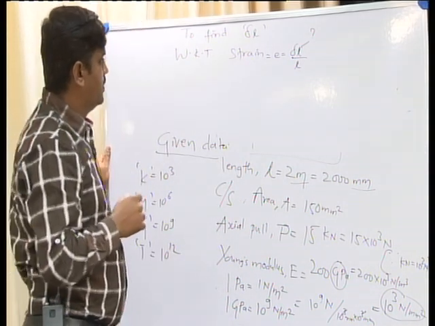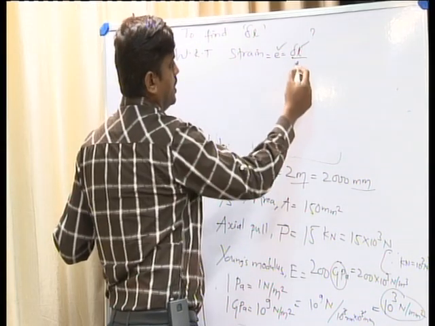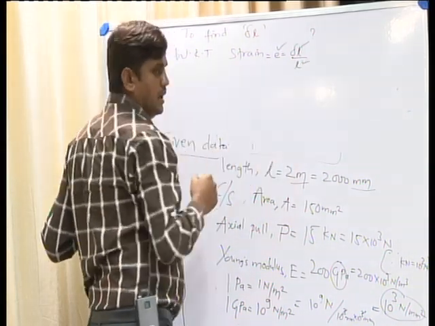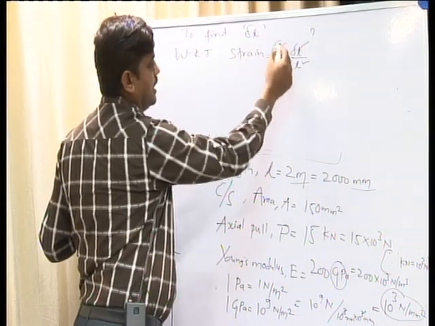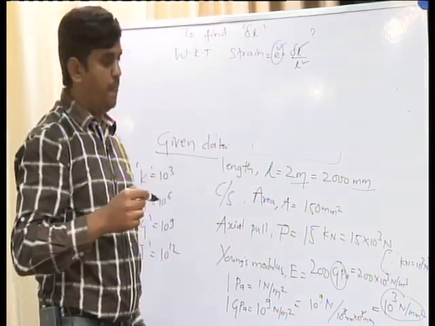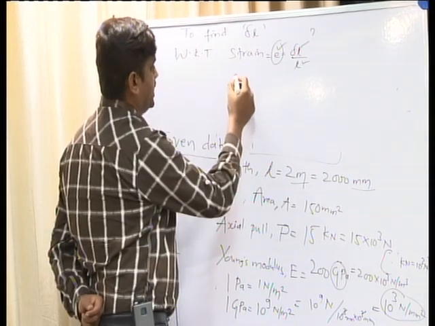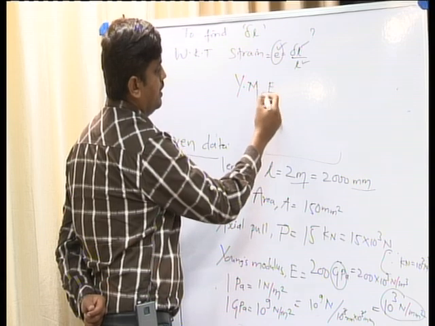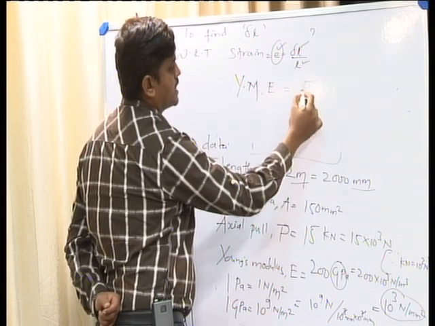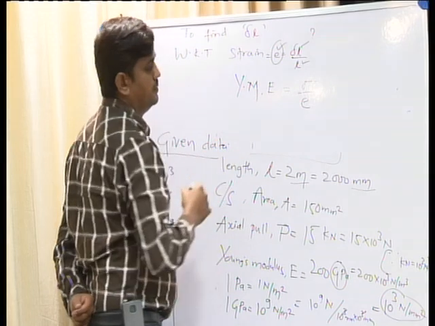To calculate delta L, we should know the strain value and we should know L. L is already given. To calculate the strain, we know the relation Young's modulus E equal to stress by strain.